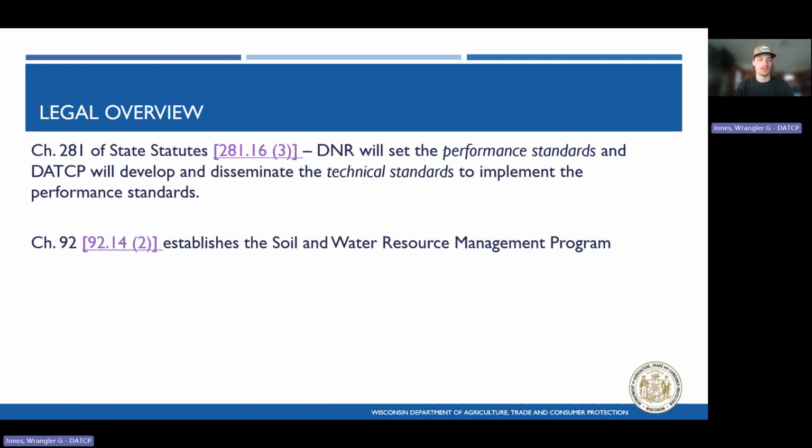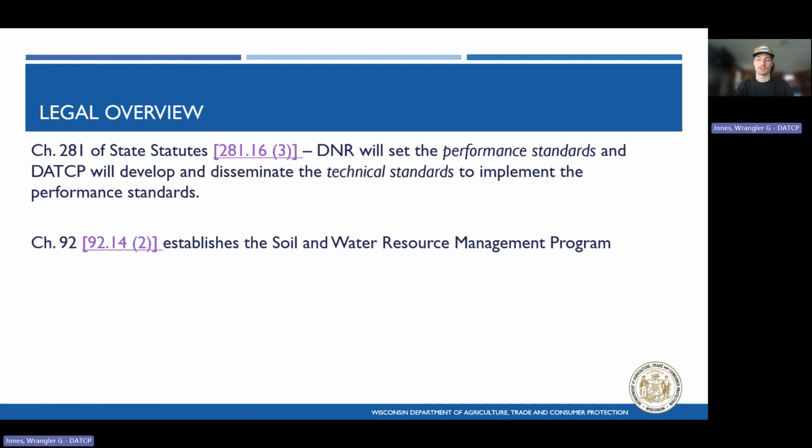So, some legal overviews of nutrient management in Wisconsin. Under statute 281.16, DNR is primarily responsible for adopting performance standards to prevent pollution runoff from farms. And so the Department of Agriculture, Trade, and Consumer Protection, or DATCP, must prescribe conservation practices to implement the DNR performance standards.